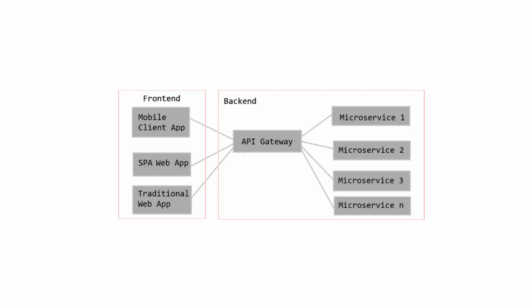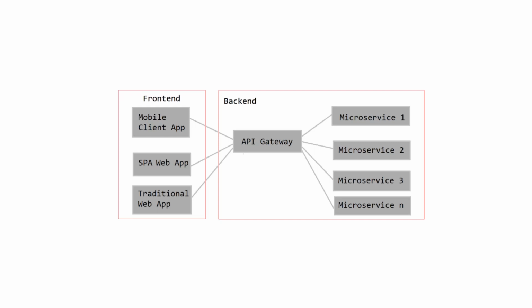The API gateway can also serve some static contents. This API gateway is now acting as a reverse proxy, but we can achieve a lot more than this reverse proxy using this API gateway.